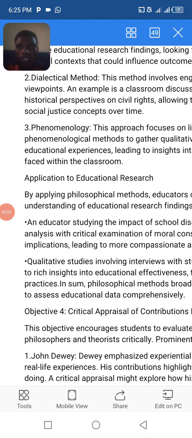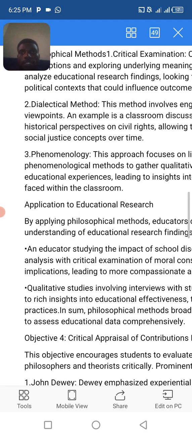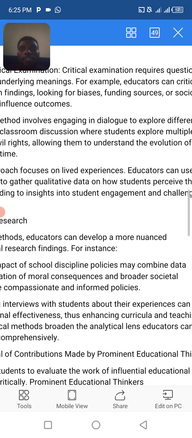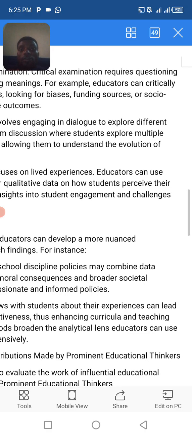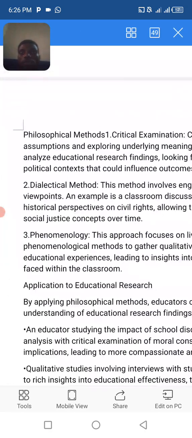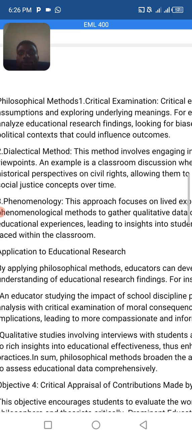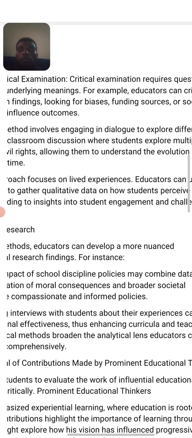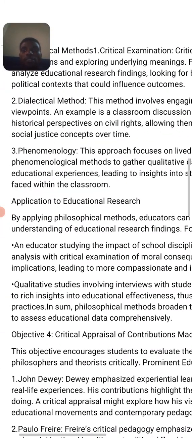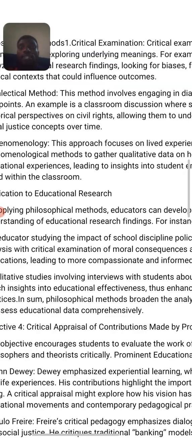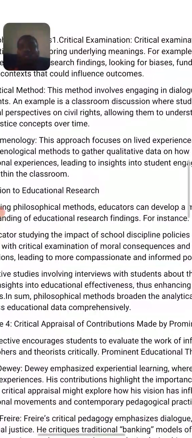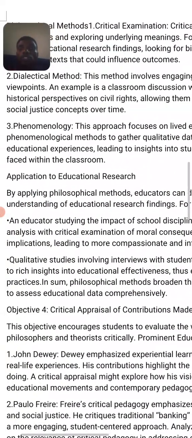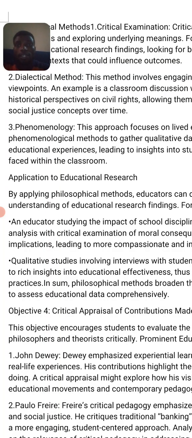So the dialectic method involves engaging in a conversation to explore different viewpoints, like a classroom discussion where students explore historical perspectives on civil rights.